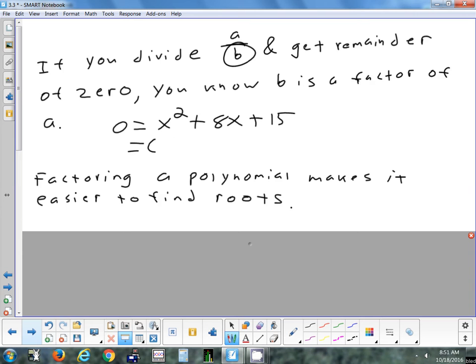But if you can factor it, like that, x plus 3, x plus 5, then all you have to do is find out what number you plug in here to make the first one 0, and what number you plug in here to make the second one 0. If you can't factor it, then you could use the quadratic formula. But if you can factor, that's generally the easiest. So the two numbers that you would plug in that would make this one 0 would be what? -3 and -5. Yep.